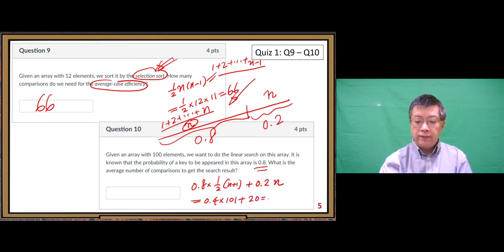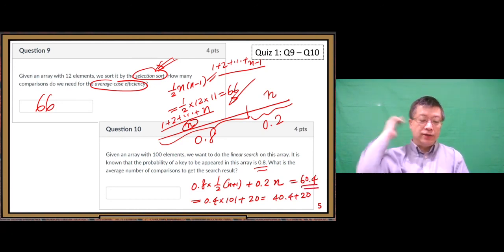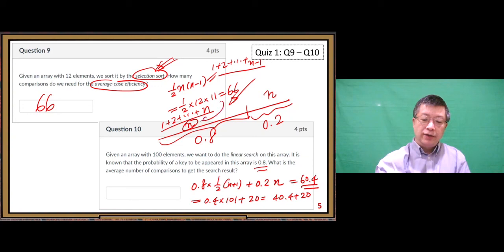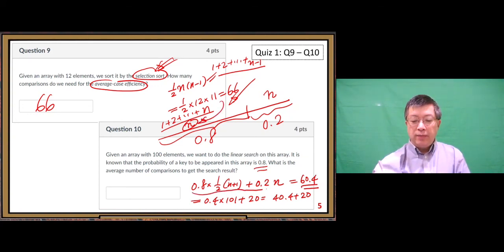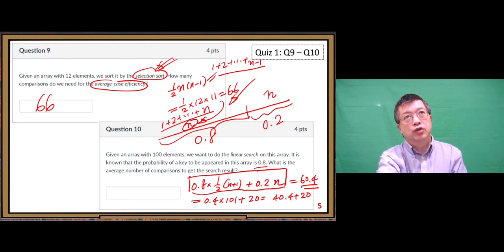That's 40.4 plus 20, which is 60.4. That's the answer. I forgot to do this division. But in our formula, if you go to the notes, you just directly use that formula, so it should be correct.